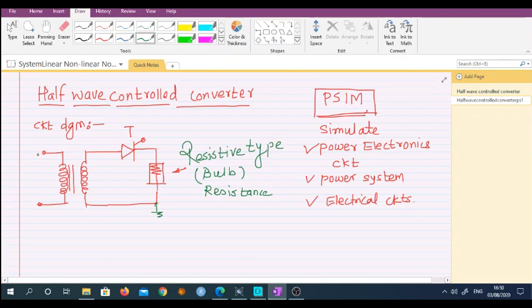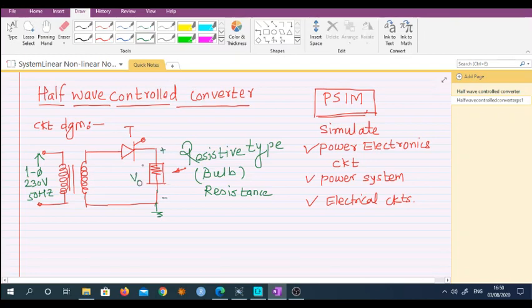Here we are applying a single phase 230 volt 50 hertz supply. We are going to study how this circuit works and how it generates the output voltage. So we are interested to measure the output voltage generated at the resistance.